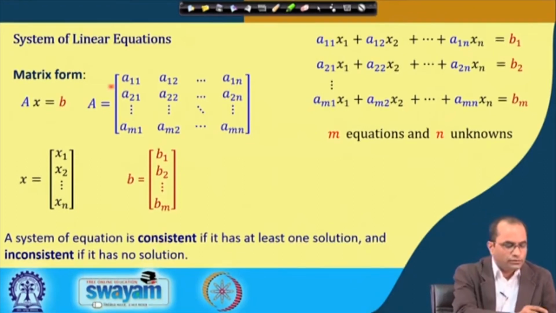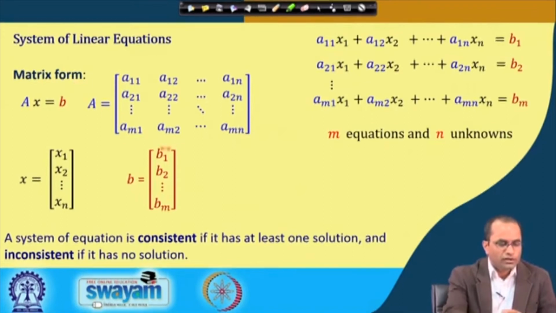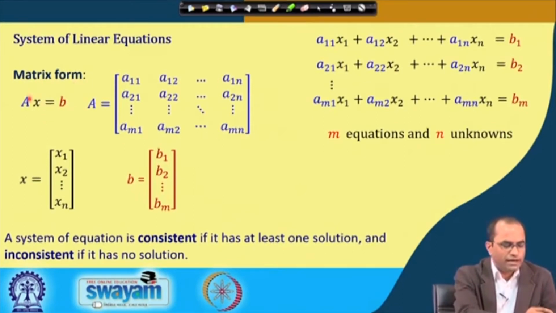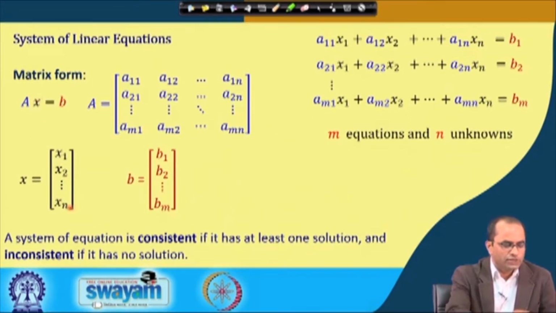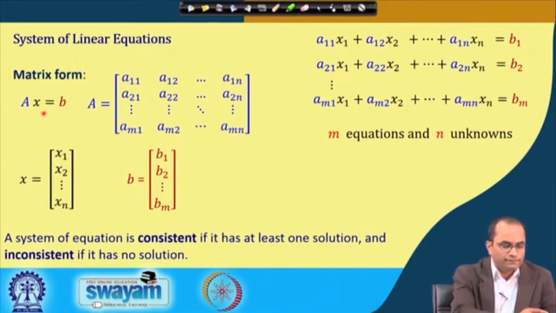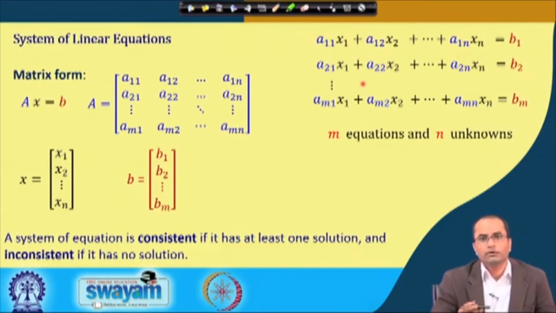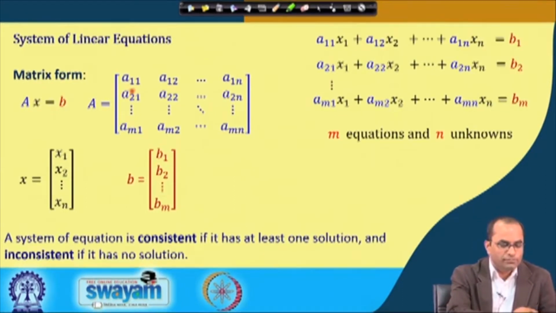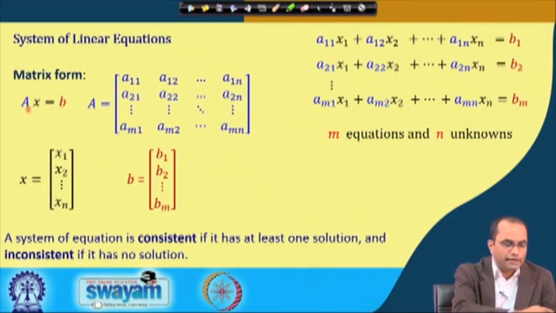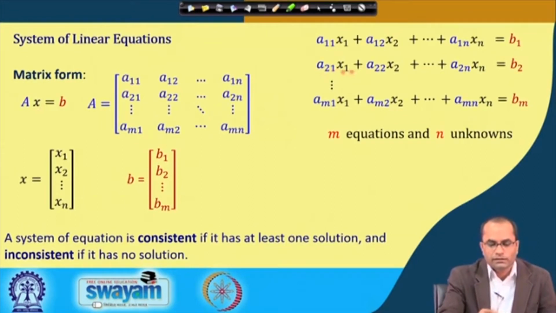So, again getting back to this matrix form, this is easy to understand. We have this matrix A and this x. If we multiply A and x, we will get another vector whose first component will be the left hand side of equation 1. The second component of the vector Ax will be the left hand side of the second equation and so on.